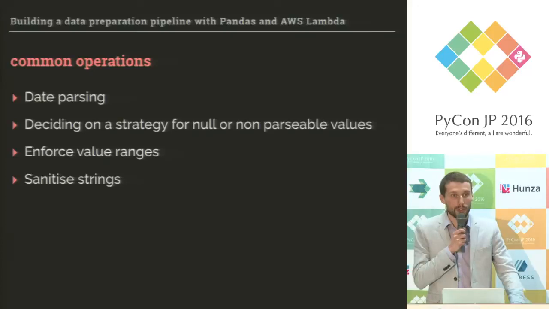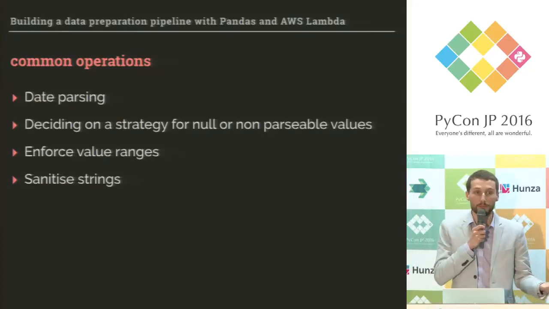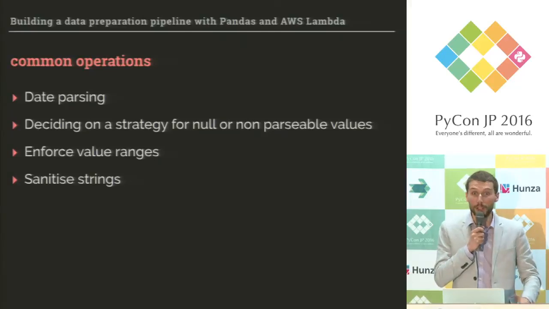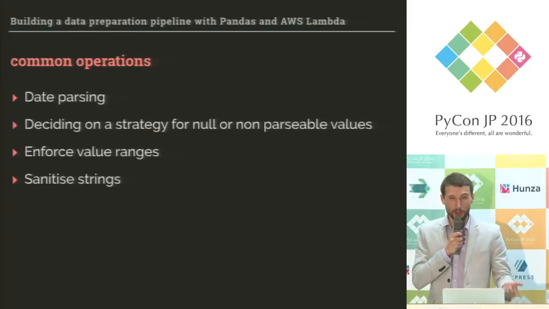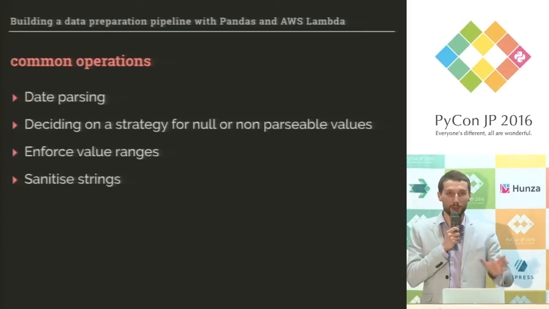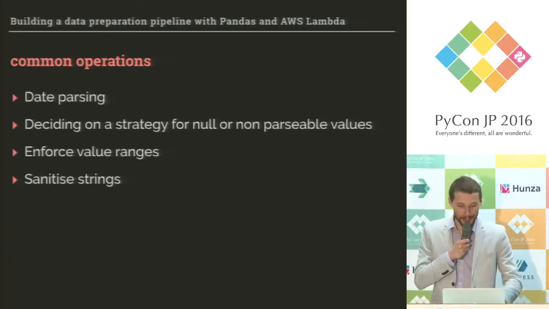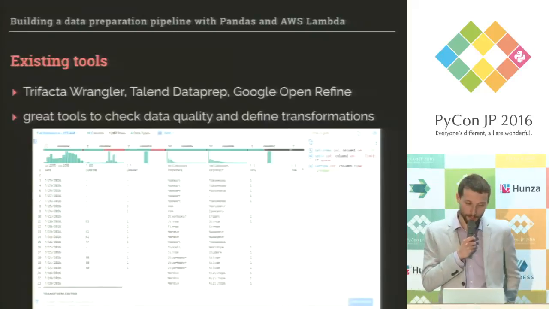You want to dummy-proof your solution, because maybe you have a field that is supposed to be the age of someone and you have an age of 230. It's unlikely that someone is more than 120 years old, so maybe you should remove that data. And also everything related to strings is often hell to deal with: uppercase, lowercase, trailing spaces and everything. So you need to think about everything.